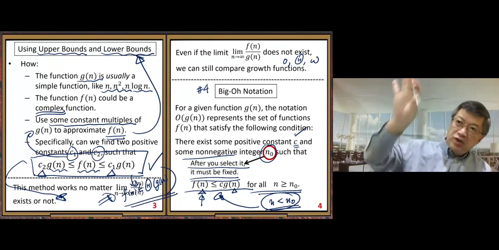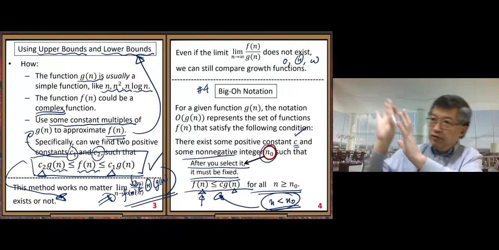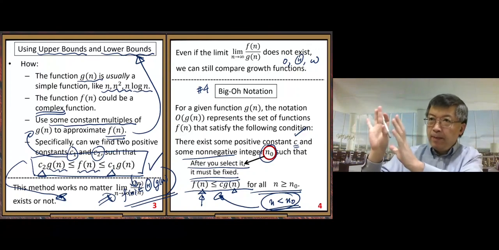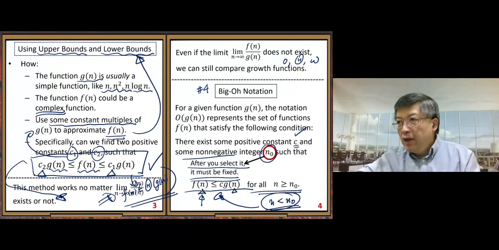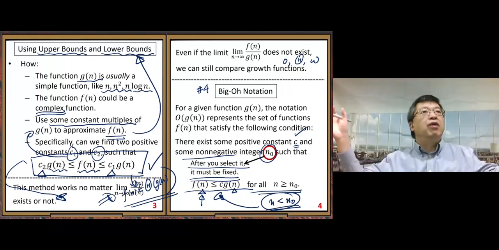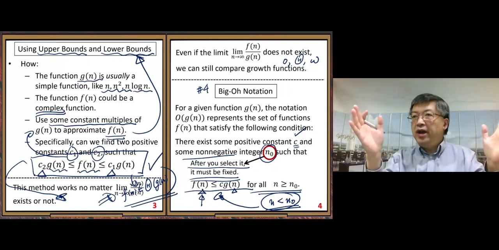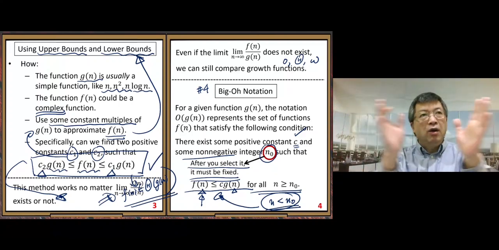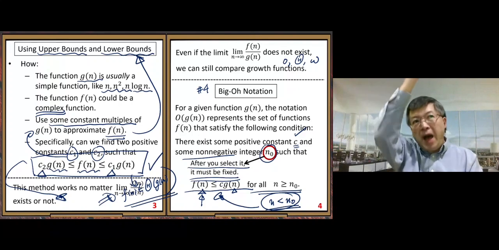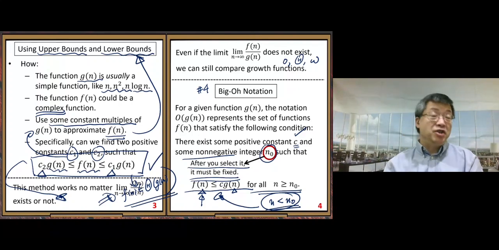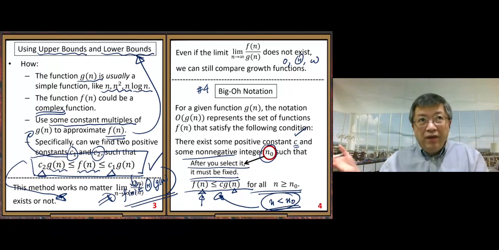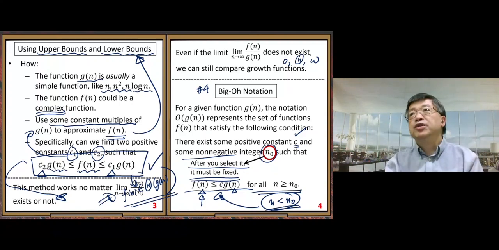We want to push that n0 far enough such that after we pass the n0 line, we never need to worry about the overhead, and the inequality holds all the time. So that's the meaning. The overhead background is useful here.